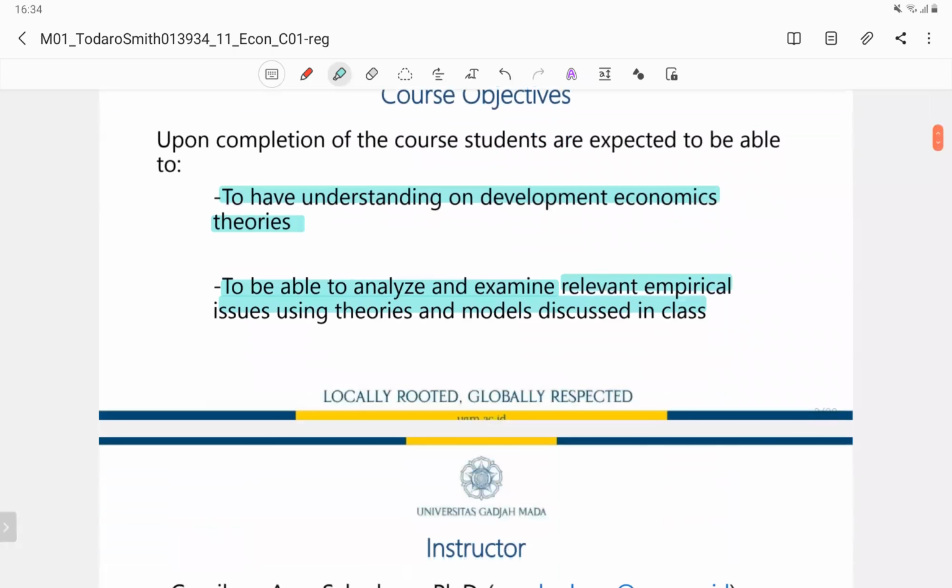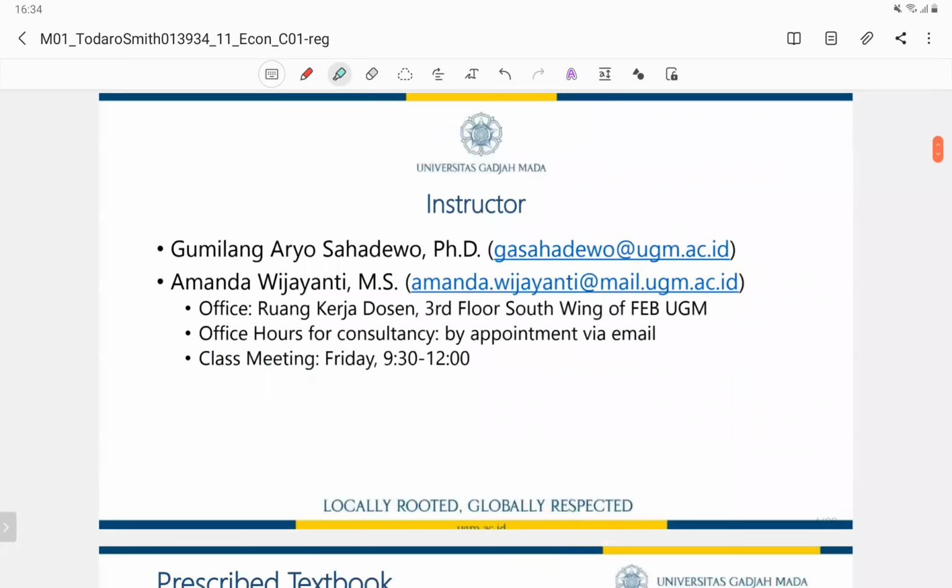In terms of its structure, there will be two instructors for this course. The first one is Pak Gumilang Aryo Sahadewo, and then me, Amanda Wijayanti. Pak Gumilang and I will take turns teaching this class. Pak Gumilang will take week 7, and for the rest of the semester, you will be with me.